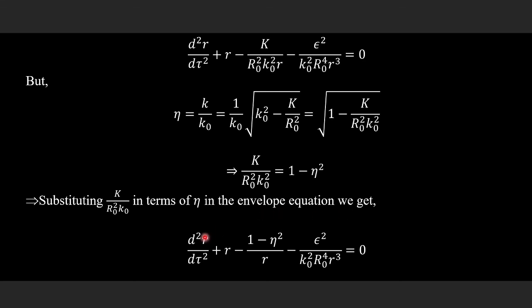Then we are left with d2r over d tau square plus r minus 1 minus eta square, that comes from here, over r, minus epsilon square over k naught square r naught 4 r cube. So there's no change here right now.